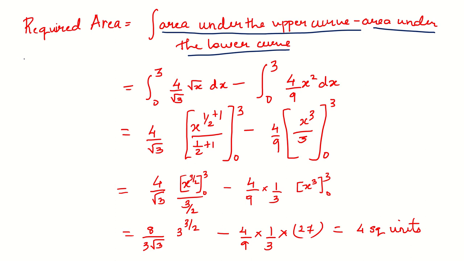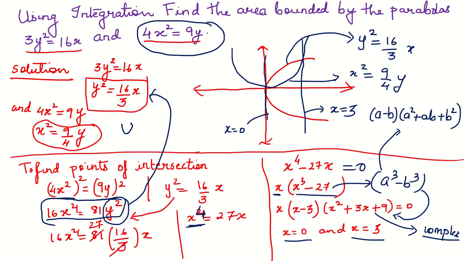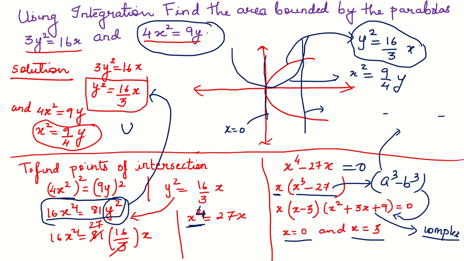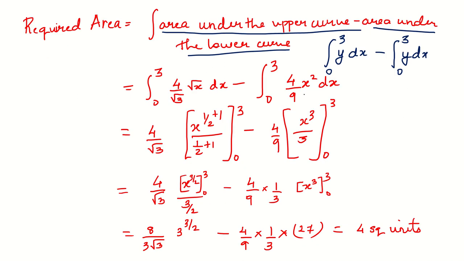So the integral is of y dx minus the integral of y dx, from 0 to 3. Now what is the upper curve? The upper curve is y square is equal to 16 by 3x. So y is equal to 4 by root 3 into root x, taking the square root.